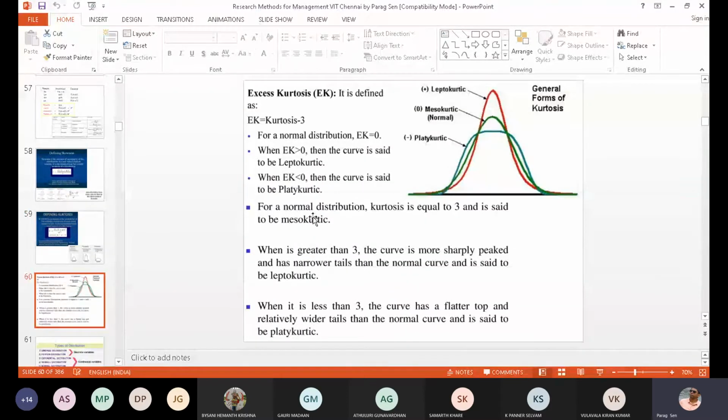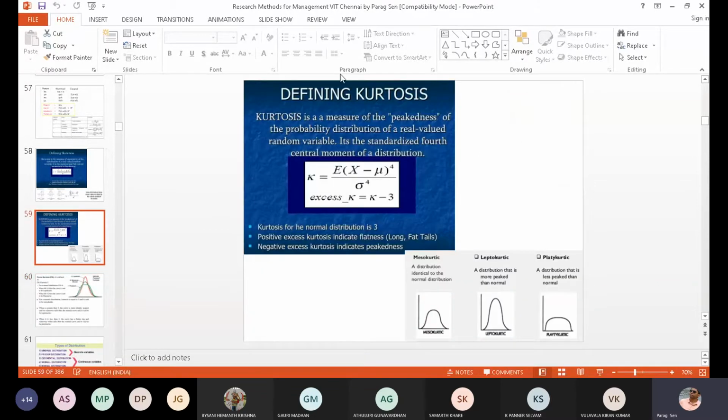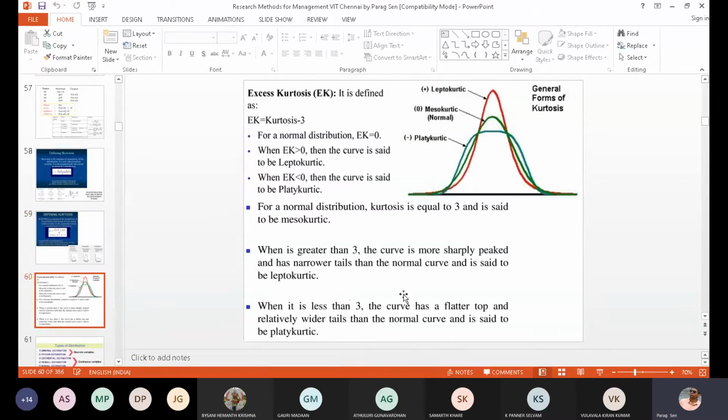This is given for a normal distribution, where the excess kurtosis value is 0. In this case it is mesokurtic in nature. This one is leptokurtic, and this is known as platykurtic. So different types of kurtosis are given here.